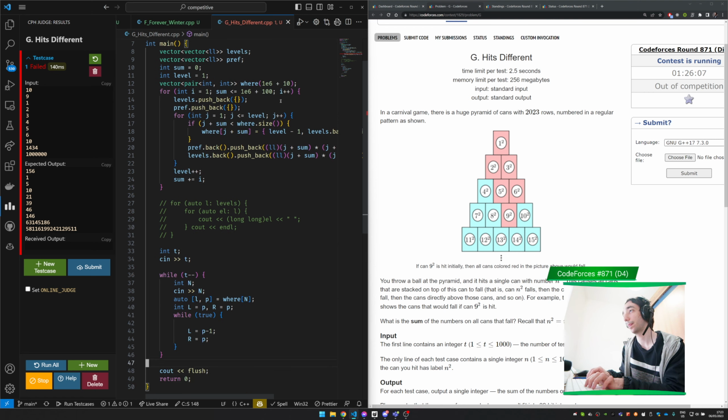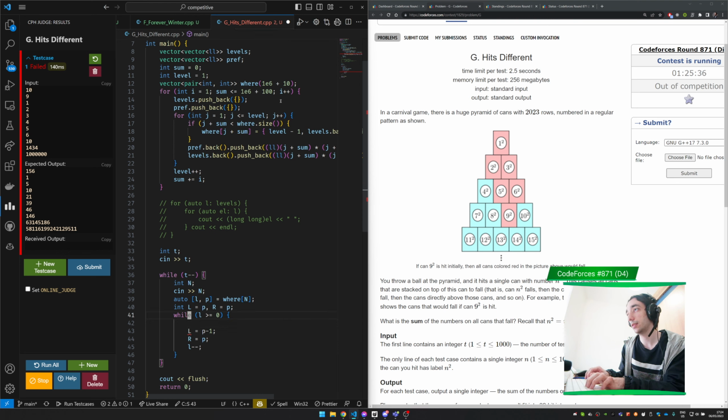Okay, and then what we want is, okay, I will do this while levels is bigger or equal than 0.